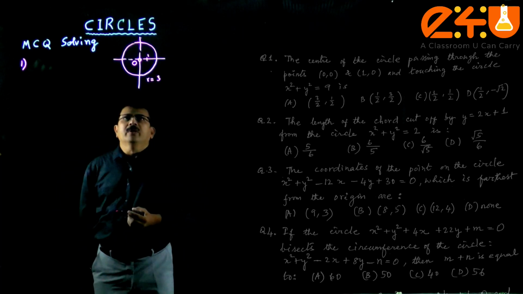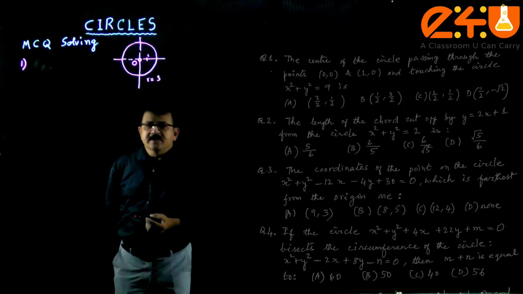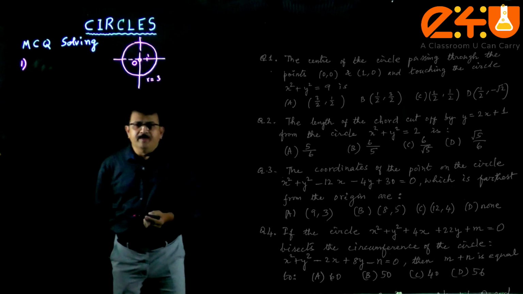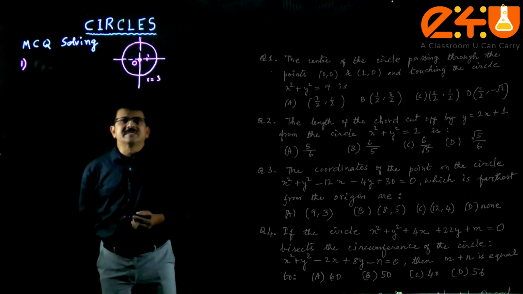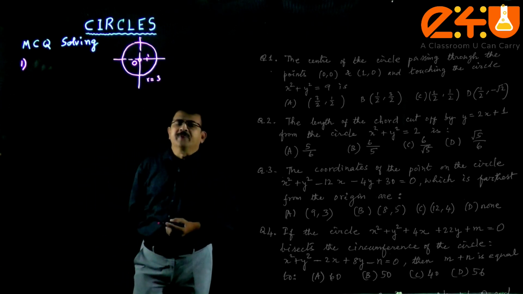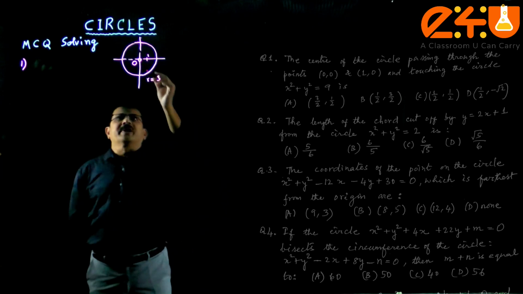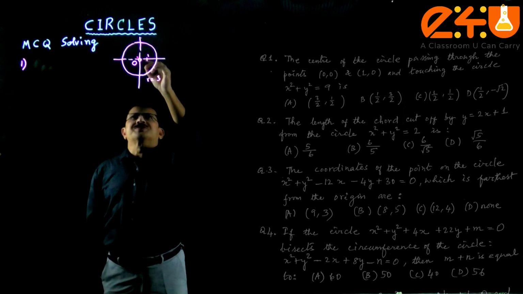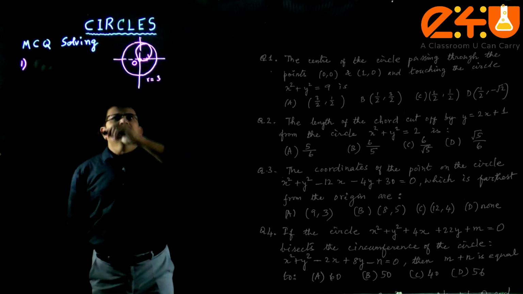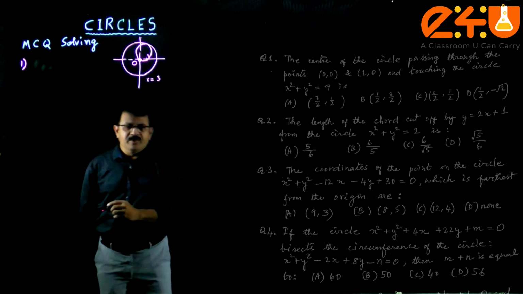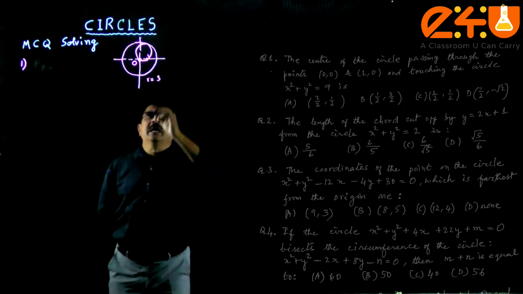And you all know a circle requires a minimum of 3 points to be fixed to precisely define one circle. Because here only 2 points are given, 2 such circles are possible which pass through origin also, (1, 0) also, touching the circle x squared plus y squared equal to 9.